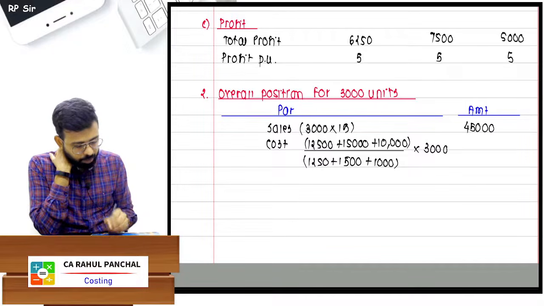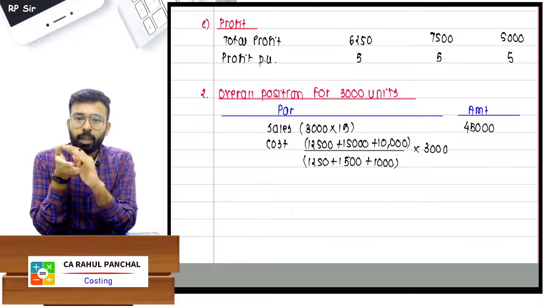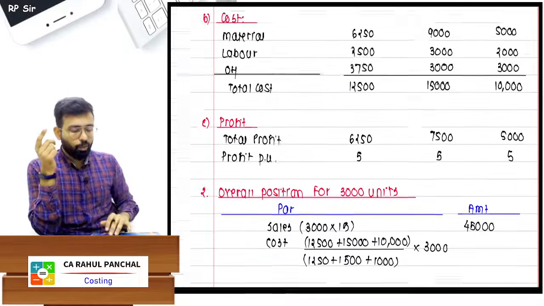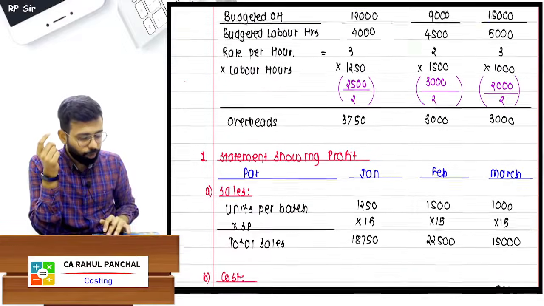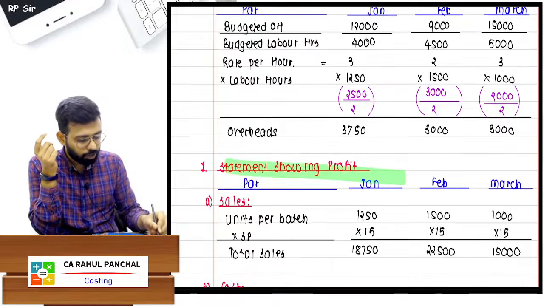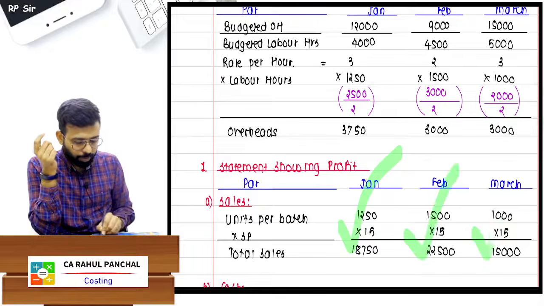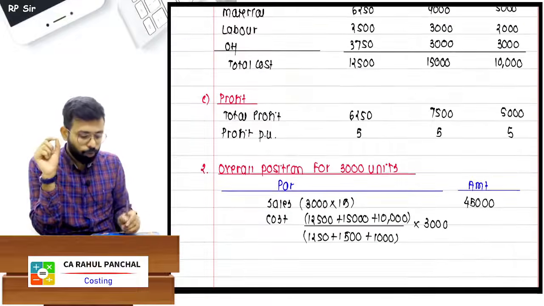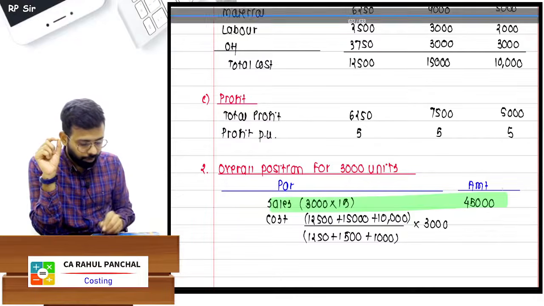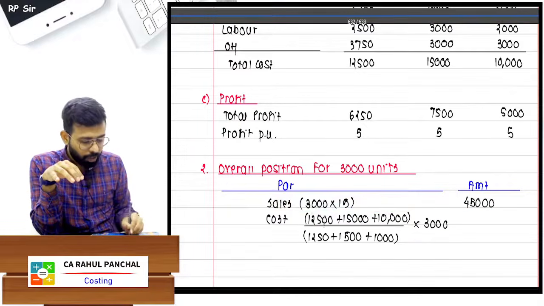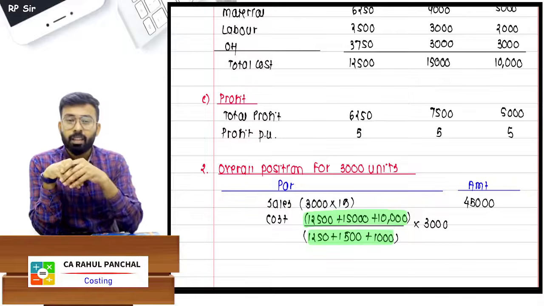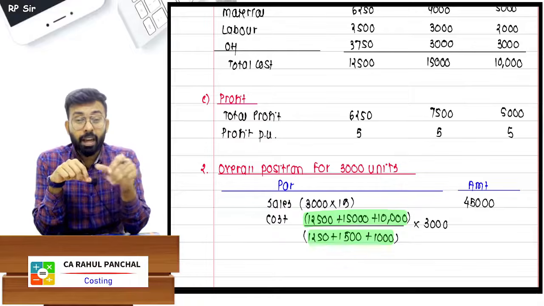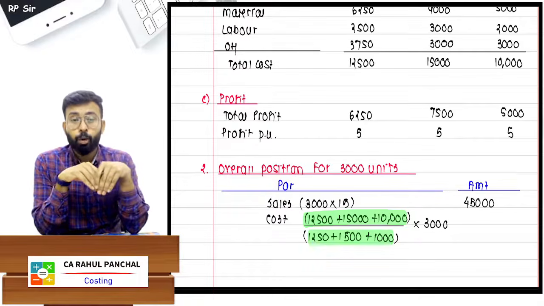You are just comparing for 3000 here. Over there, what was required was not for the order; that was for one batch, profit for the batch of Jan, batch of Feb, batch of March. But here they are asking only for that specific order of 3000. So for those 3000 units I can say this is my sales value, because the sales price is 15, which is constant, but cost you will calculate like this: in totality this was your cost in these 3 months, for this many units you have produced.